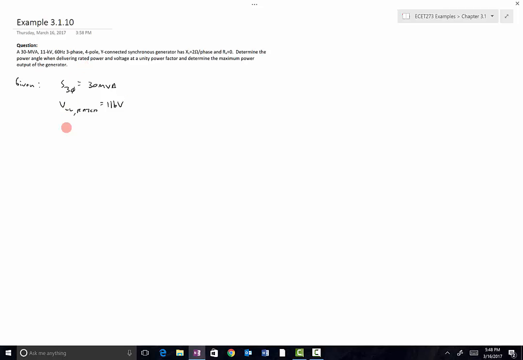Oh, I skipped one: 60 Hertz, so f is equal to 60 Hertz. The symbol for poles is P, so capital P is equal to 4. XS equals 2 ohms. Armature resistance is equal to 0 ohms. And we're going to say the power factor is equal to 1.